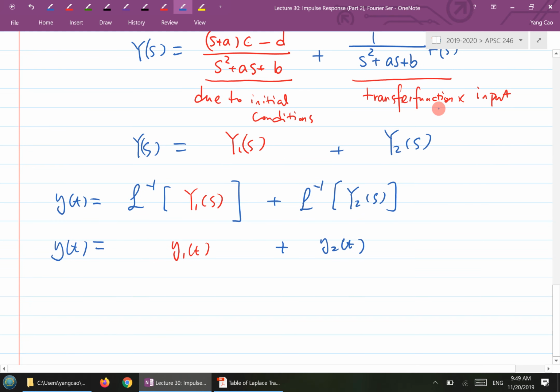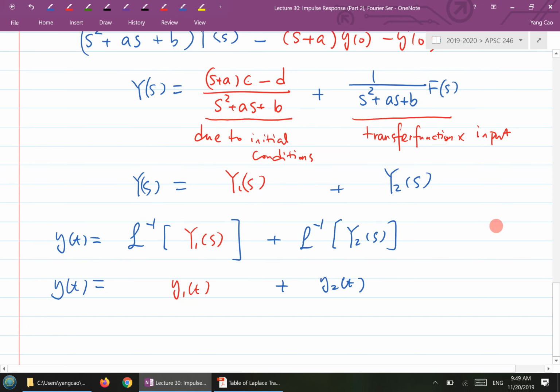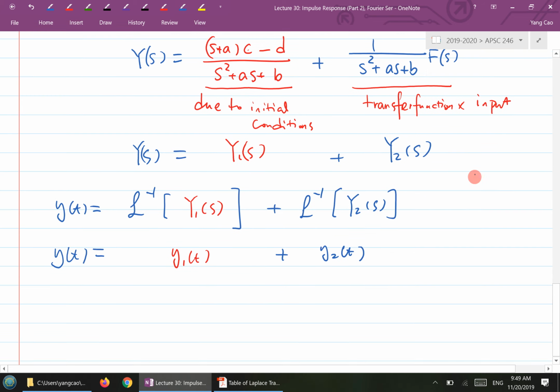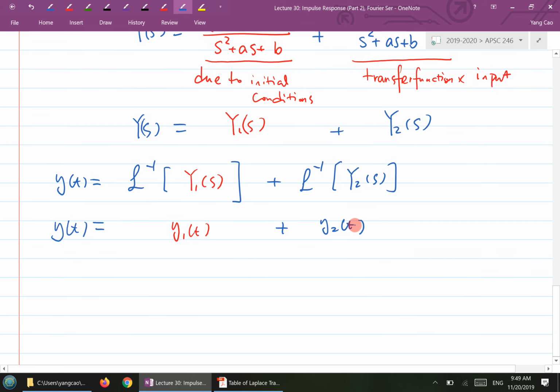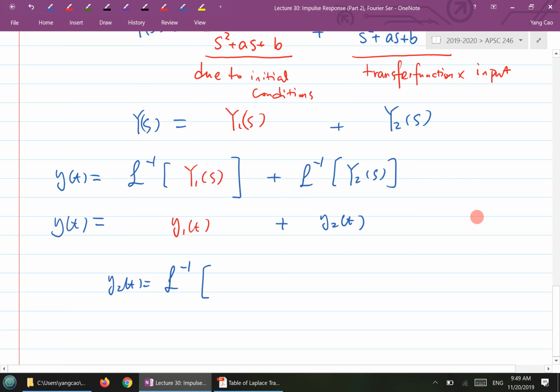So what is the second part, right? Before we make a conclusion here, let's look at the second part. The second part, y2 of t, equals the inverse of, let me rewrite that over there, equal to this, right?